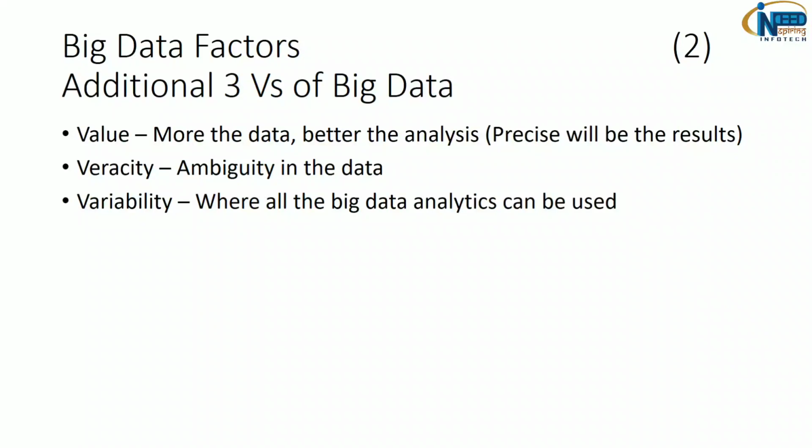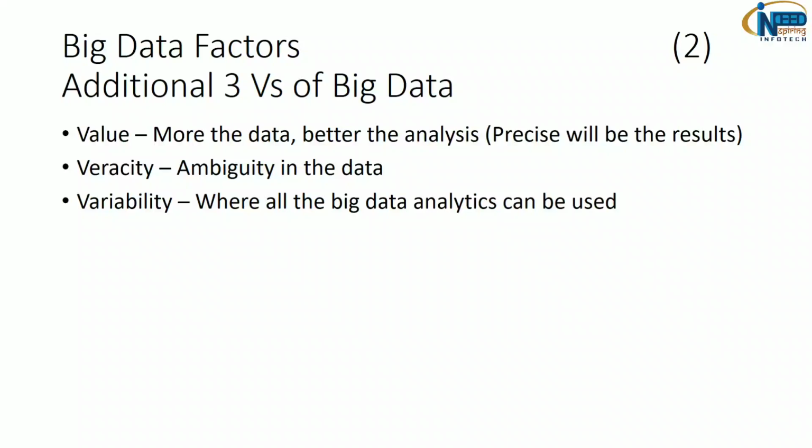We will derive some results, but we are not very sure that these results are actual for 1 million users, because apart from those 1000 records, other users may have different patterns, different feedback. So this is called ambiguity or veracity.